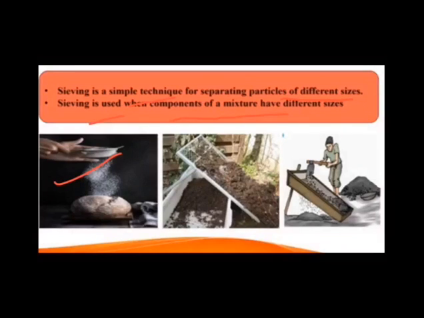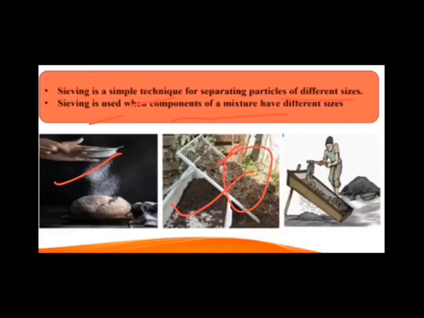You can see here also the larger sieve is used to separate the larger soil particles or the stone particles from this soil. So the finer soil particles will pass through the sieve, and the larger particles and the impurities will remain in the sieve. They will remain here only, right?